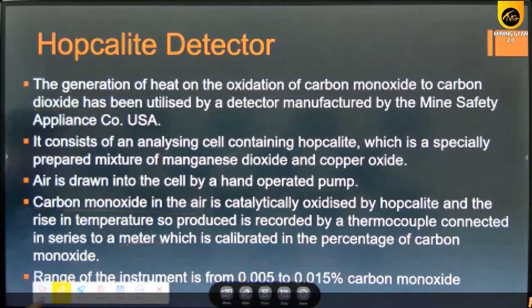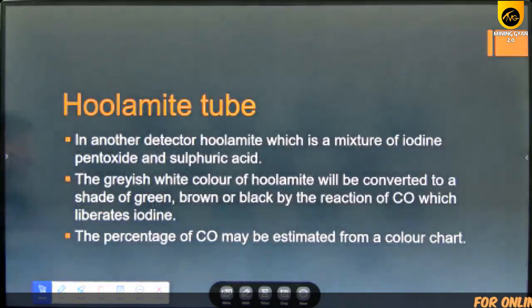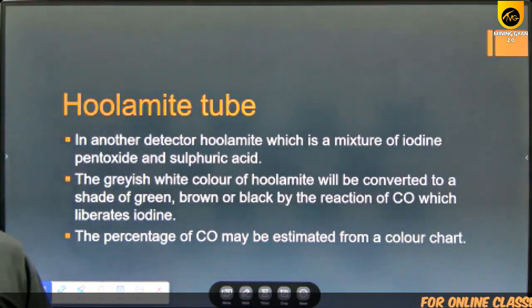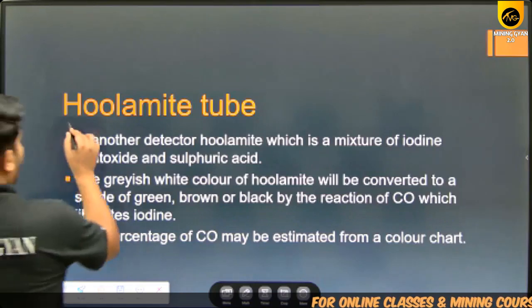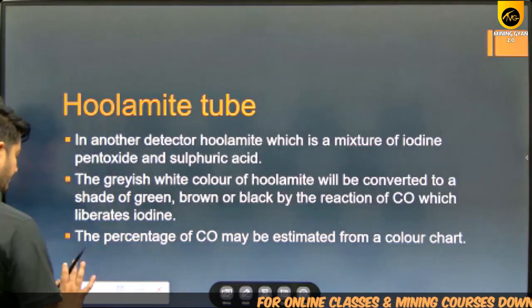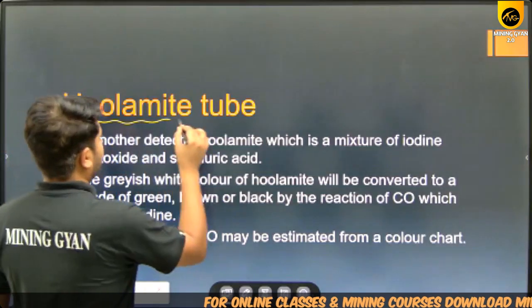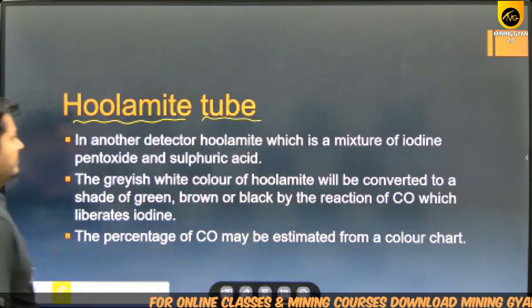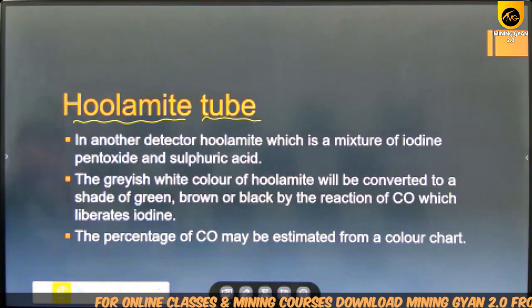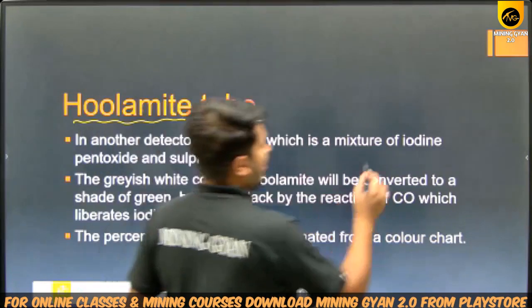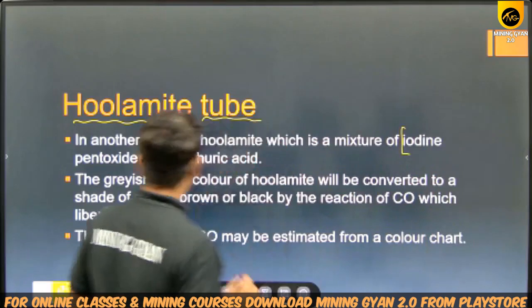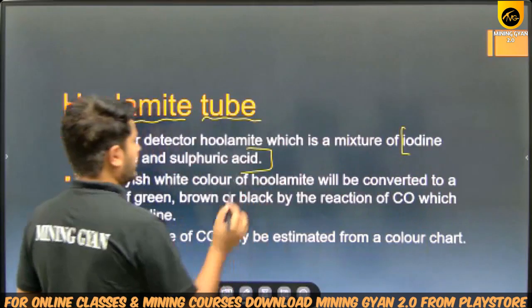Now, next topic, Hulamite tube. Now, if we talk about the Hulamite tube, basically, Hulamite is a mixture of iodine pentoxide and sulfuric acid.